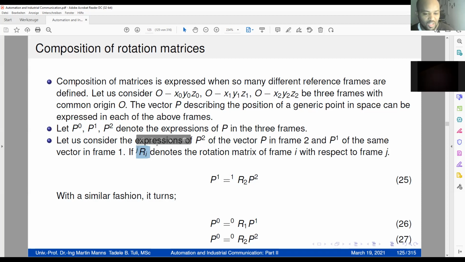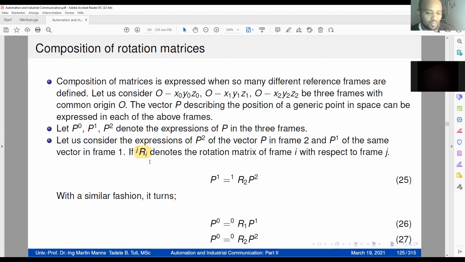Specifically, this is the same as IRJ transpose or IRJ inverse.